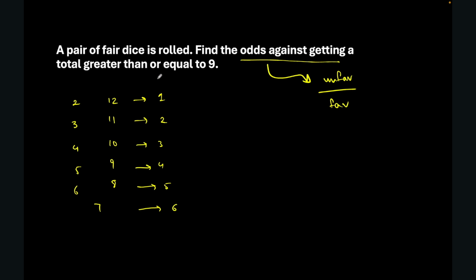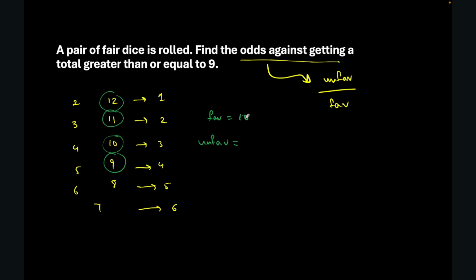Now, we need to find the odds of getting a total greater than or equal to 9. So let me change the color. Let me make it green. We need 12, 11, 10, and 9. So what is the total that we get? Favorable is 10. How much is unfavorable? We know that there are a total of 36 different possibilities.